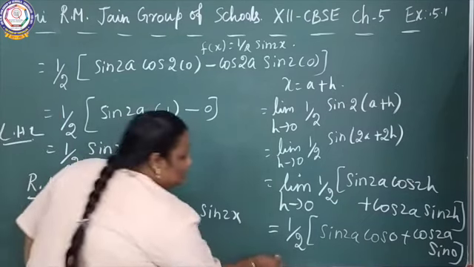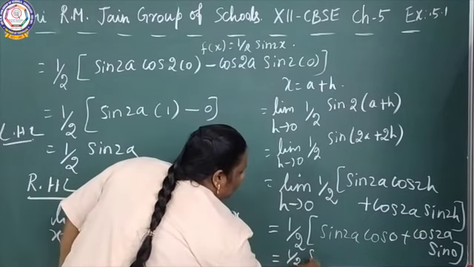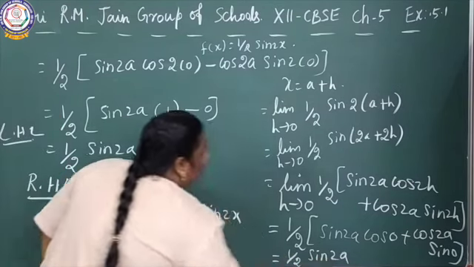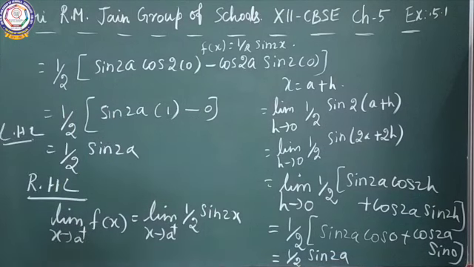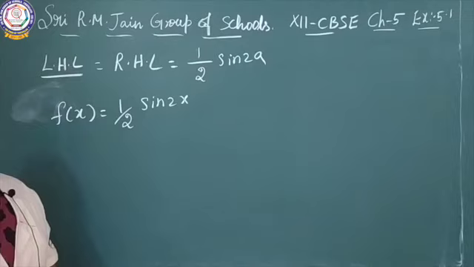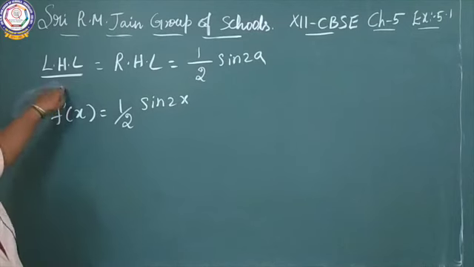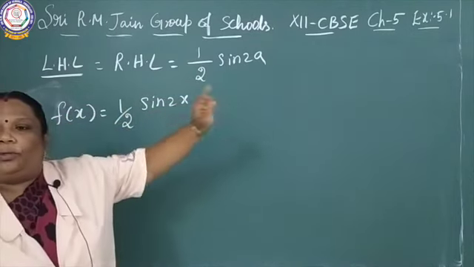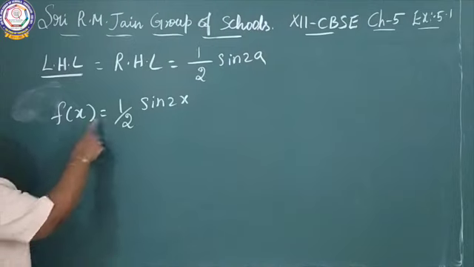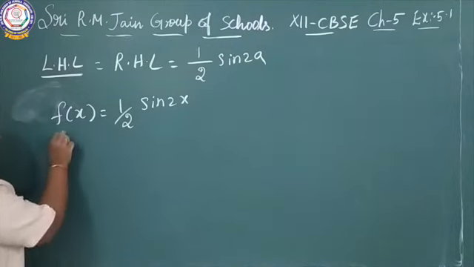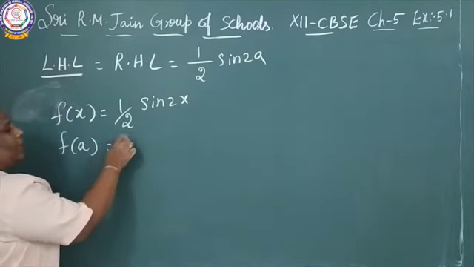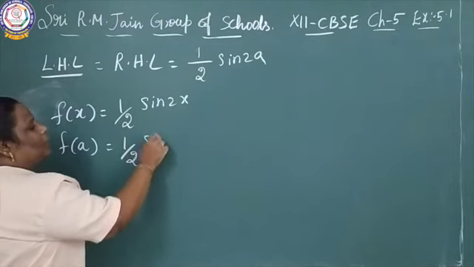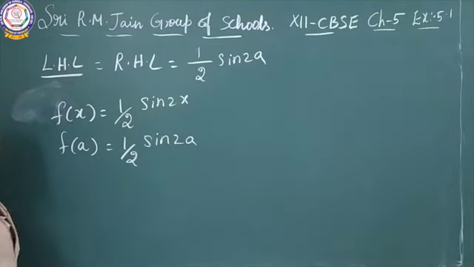So the answer is 1 by 2 into sin 2a. So for left hand limit and right hand limit, both the values we are getting are 1 by 2 sin 2a. f of x equal to 1 by 2 sin 2x. You substitute x equal to a. It gives 1 by 2 sin 2a.